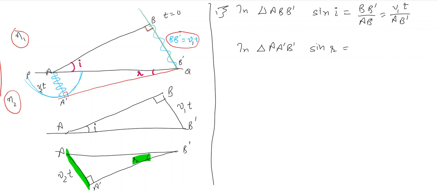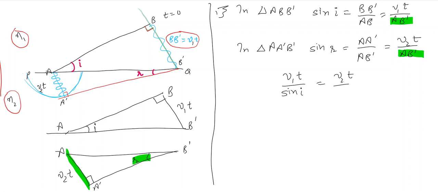It is AA prime. So AA prime upon the hypotenuse, which is common in both, AB prime, so it is V2t by AB prime. If I make AB prime the subject of the formula here, what is it? V1t upon sine I. Similarly, making AB prime the subject of the formula in the second equation, you will get V2t by sine of R.